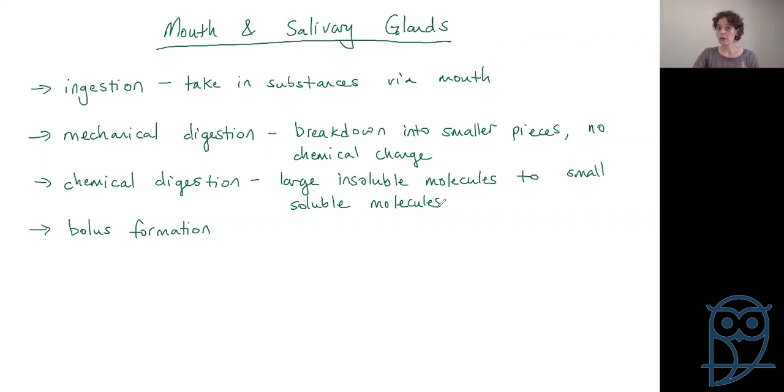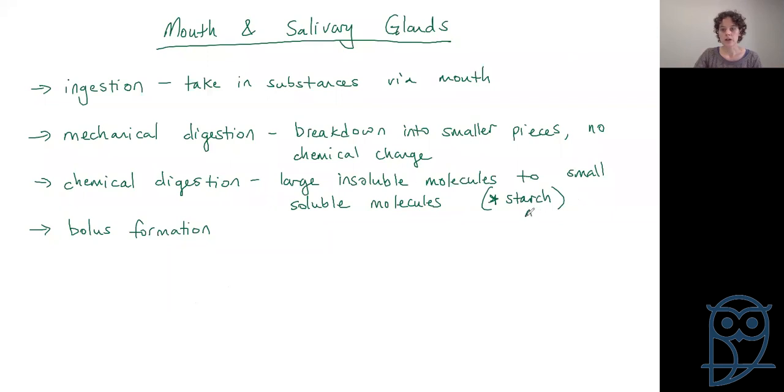So revise your biological molecules if you need to, because obviously it's important here that you understand when you break down starch, what you're breaking it down into. When you break down a protein, what you're breaking it down into. So not all of these breakdowns are happening in the mouth. We just have a little bit of chemical digestion. And in particular here, we are talking about starch.